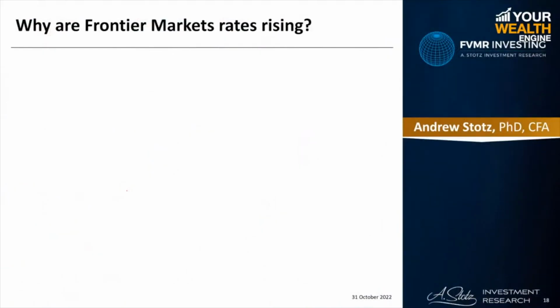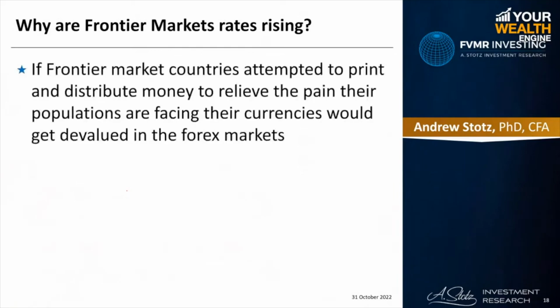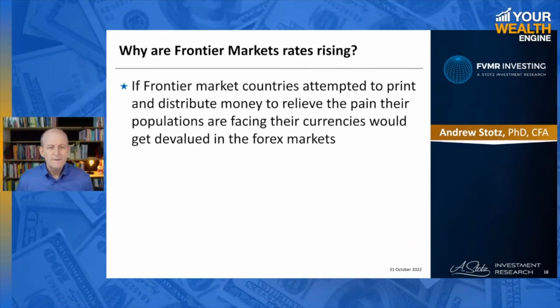So why are frontier market rates rising so much? Well, if frontier market countries attempted to print and distribute money to relieve the pain their populations are facing, their currencies would get devalued in the Forex markets. There's discipline for countries, and the problem for the US is they don't face that discipline because all the printing of money and the government debt is not going to be punished right now with the US dollar.